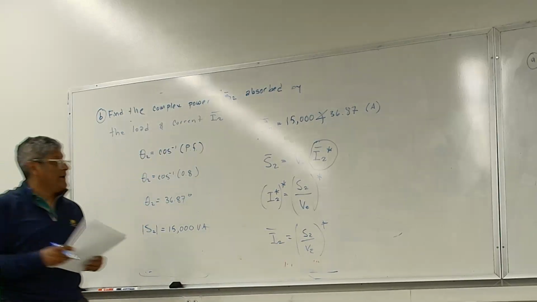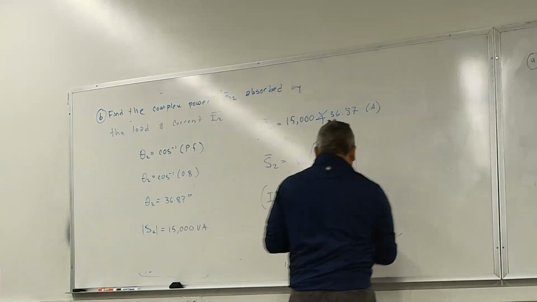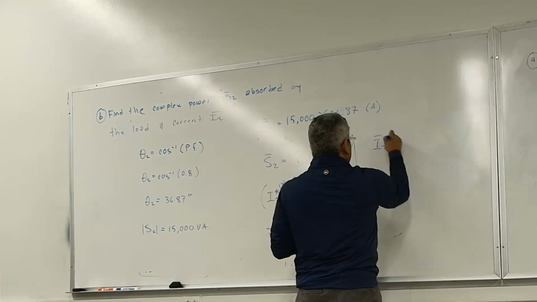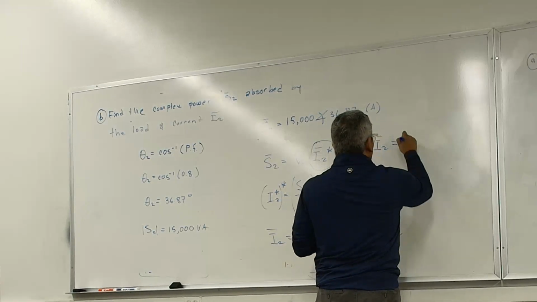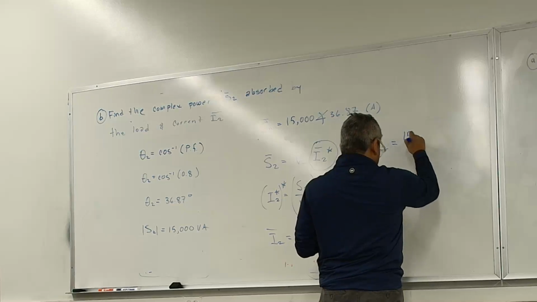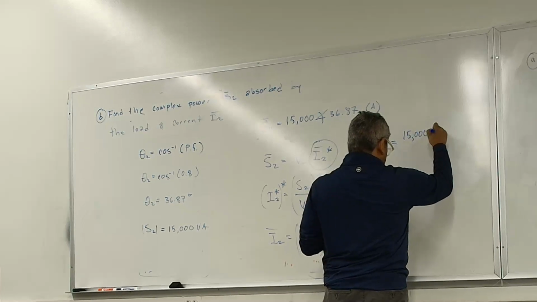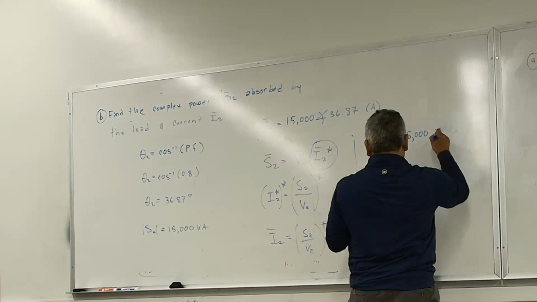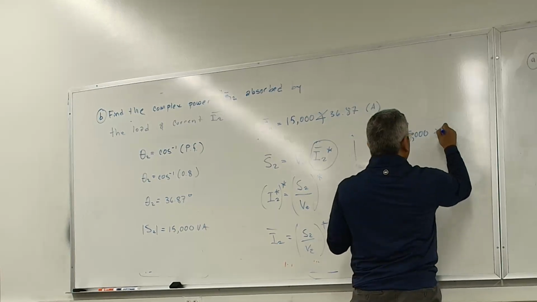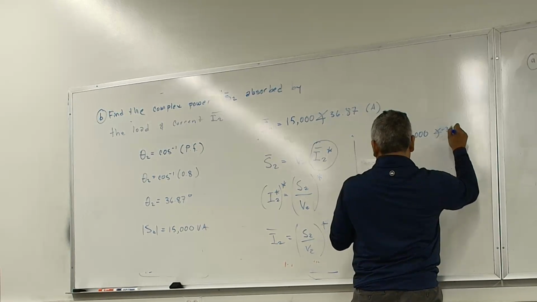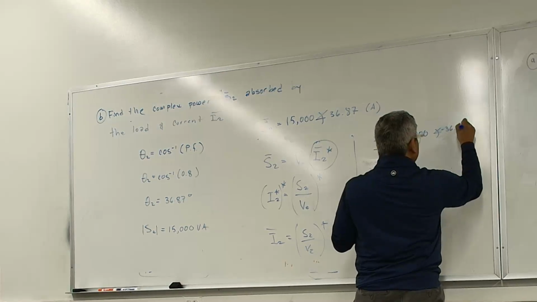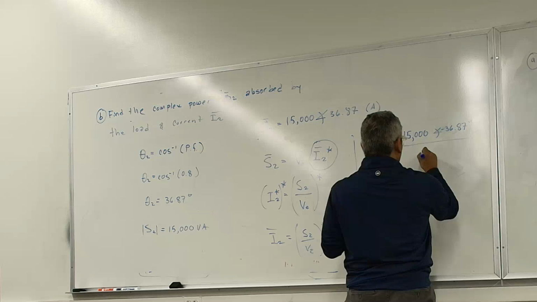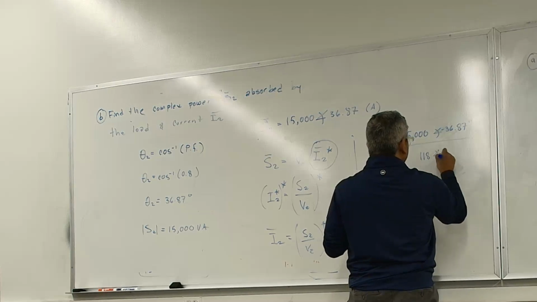Okay, so I'm going to say then that I2 phasor is equal to 15,000 volt amperes, angle of minus 36.87 degrees divided by the voltage, which is 118 angle 0 degrees.